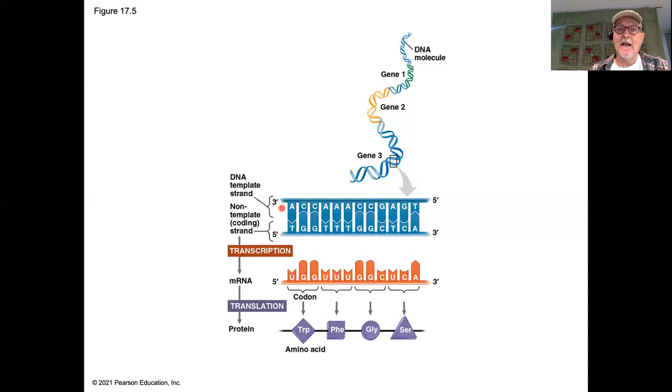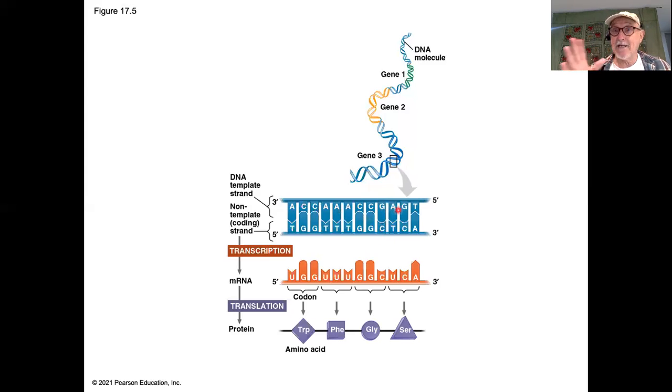So the cell processes must begin at a specific place, and they do. There are markers here, as you'll hear about, which tell these enzymes exactly where to latch on, exactly where to start doing their job.